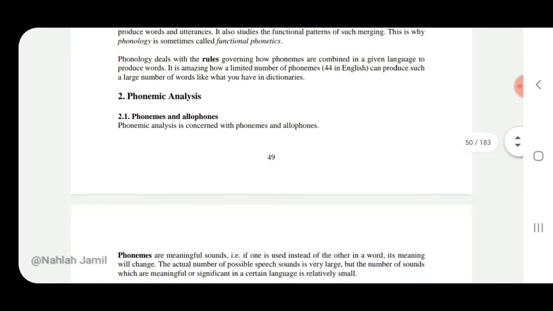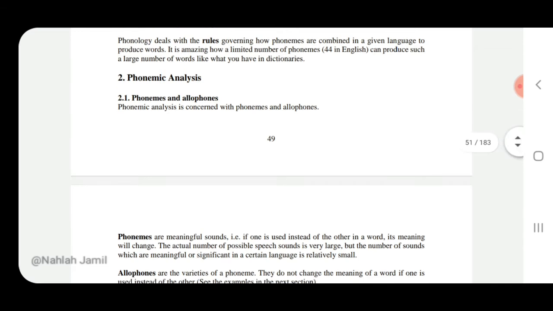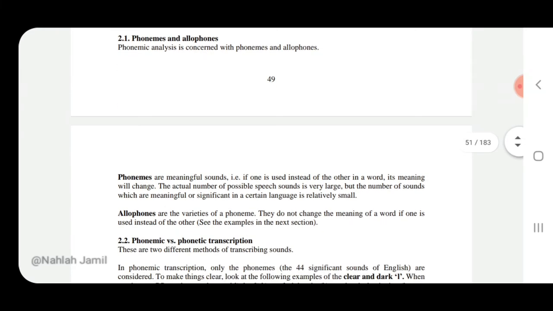And the second paragraph says that there are specific rules of how these phonemes, or these isolated speech sounds, are combined to produce words. So we are going to see them one by one.